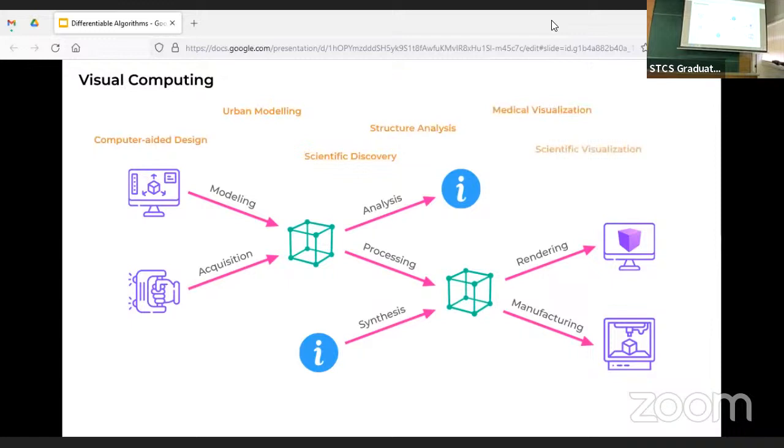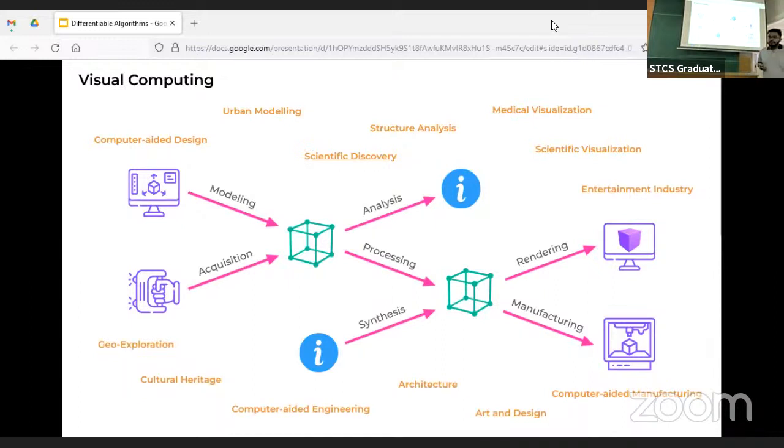And it has application in various different domains. So the last part, manufacturing. You might want to create it in the real world: you have a model, a shape stored on a computer, and you want to generate it in the real world. So 3D printing is one example.